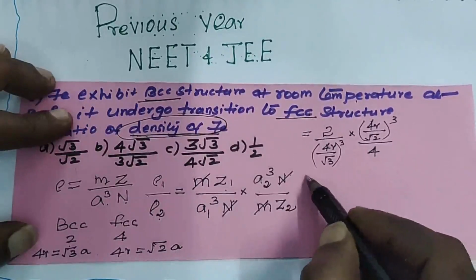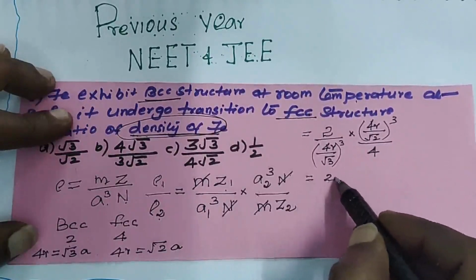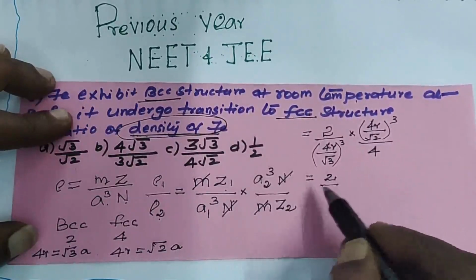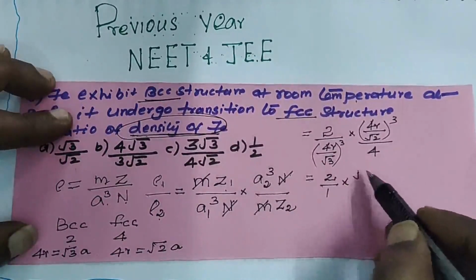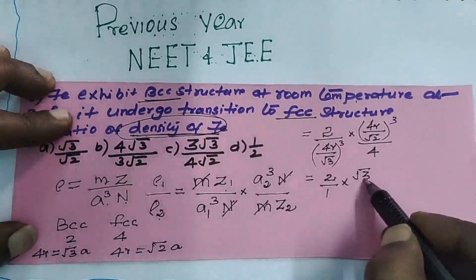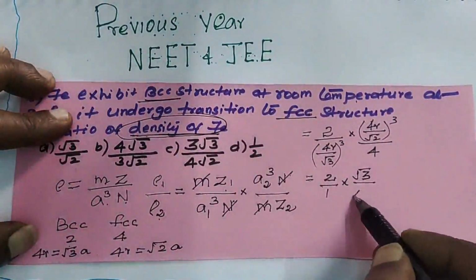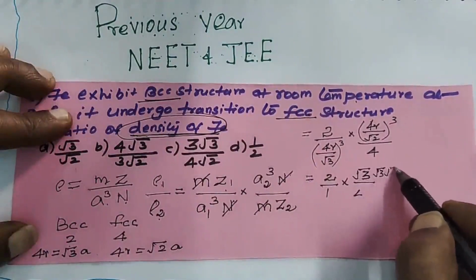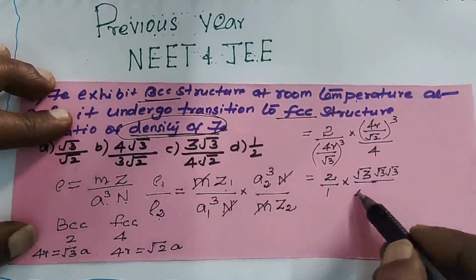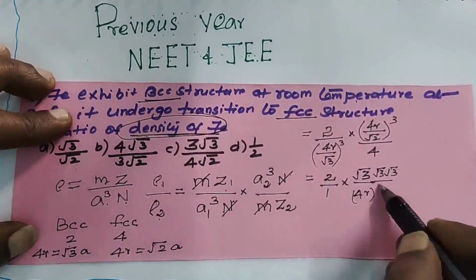So that is equal to 2 by 1 into root 3 goes to the numerator, root 3 into root 3 into root 3 by 4r the whole cube.